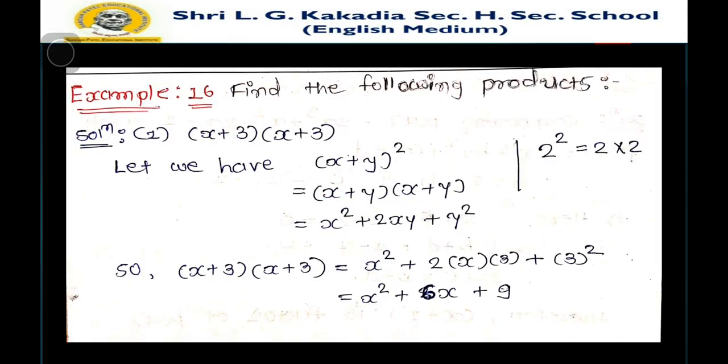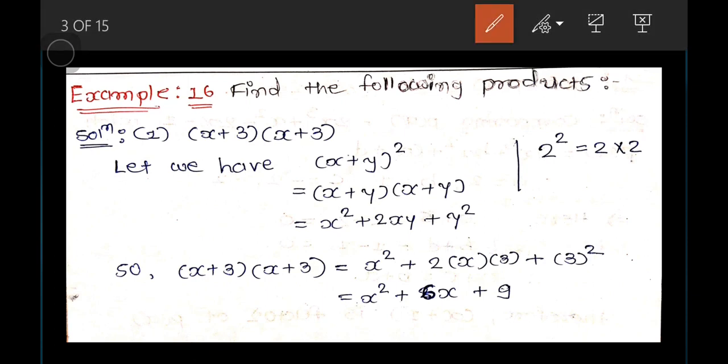Here is example number 16. Find the following products. Solution of example number 16: the first product is x plus 3 into x plus 3. Here you can see that the product is x plus 3 and x plus 3.